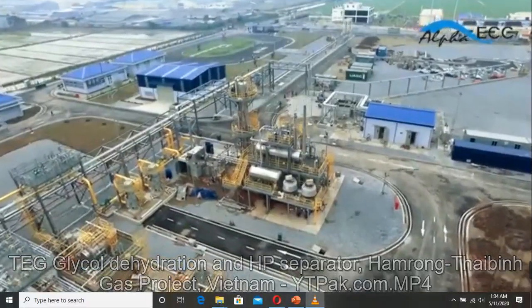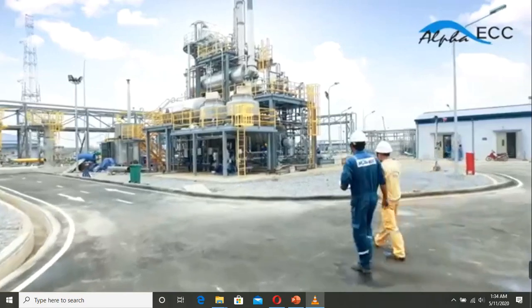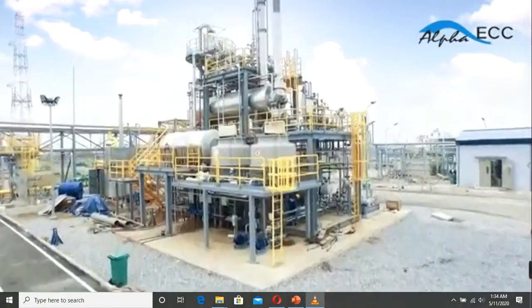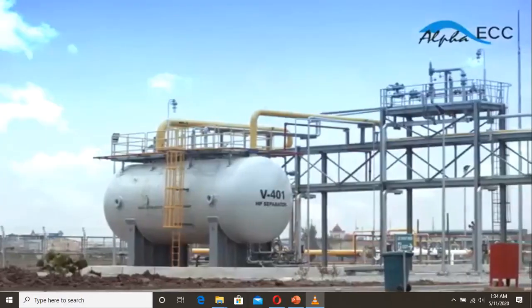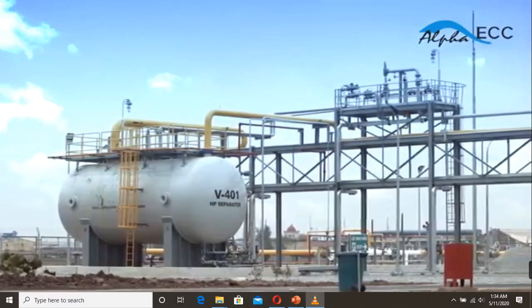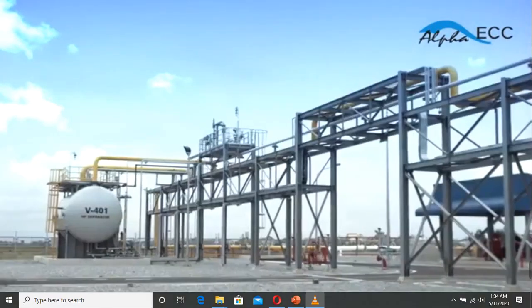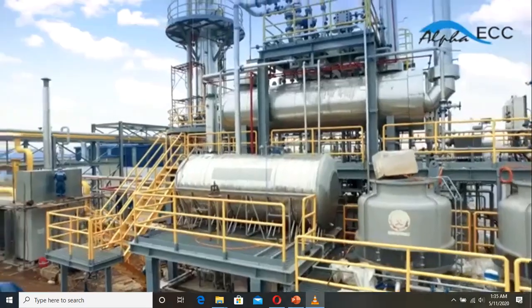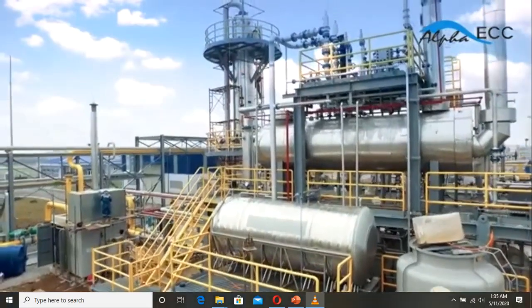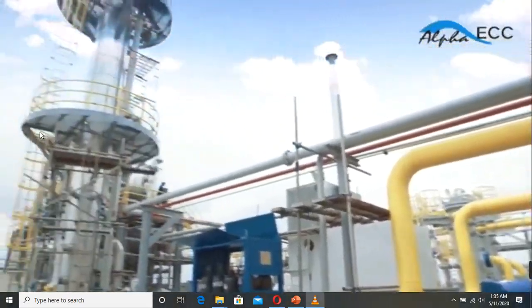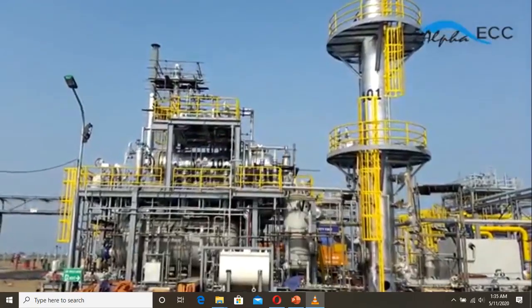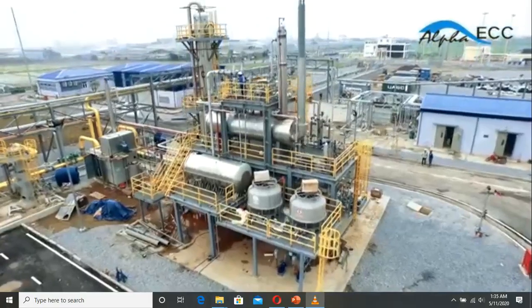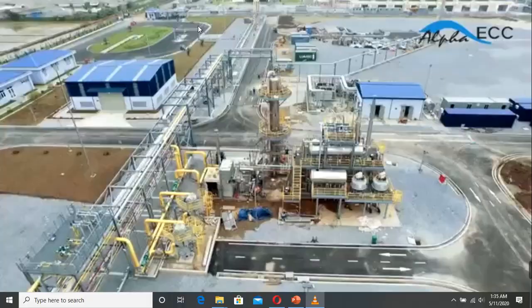This is another glycol dehydration plant, you can see. It has a main tower.